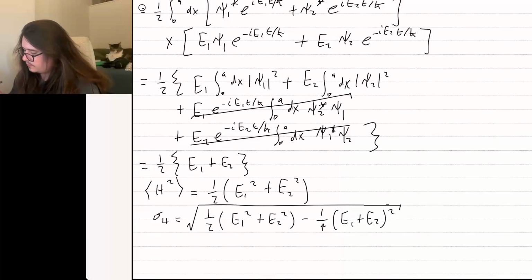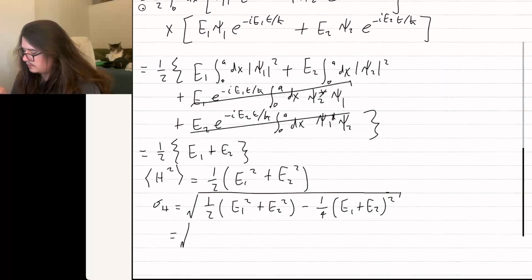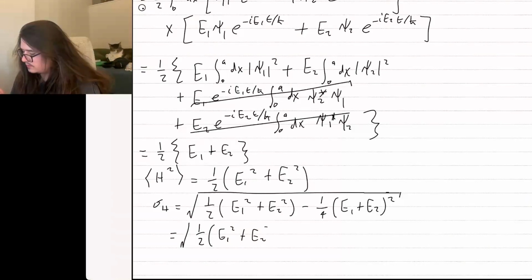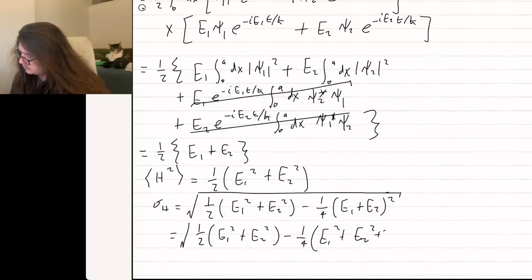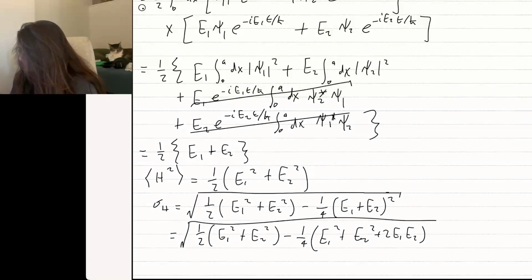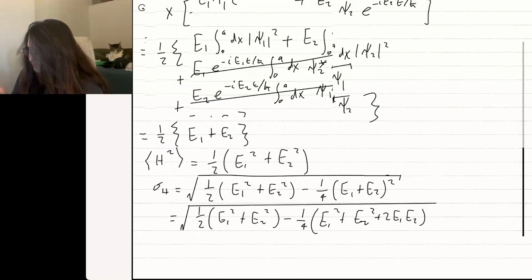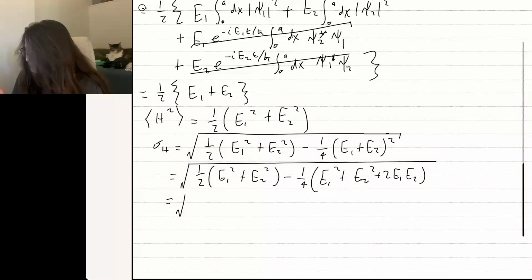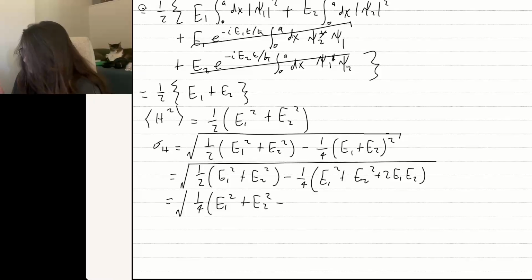So just doing the squaring bit on the term on the right, we've got E1 squared plus E2 squared plus 2 E1 E2, and then doing the subtraction, 1/2 minus 1/4 is 1/4, so we've got 1/4 of E1 squared plus E2 squared minus 2 E1 E2.